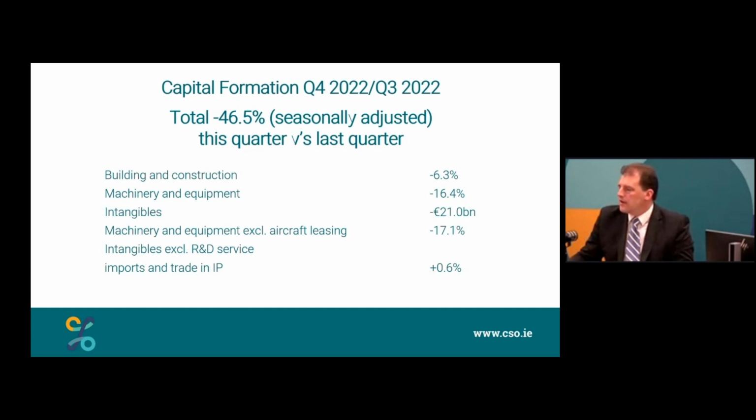Turning to investment, if I could pick items out of this for you, what's interesting in the investment data is this item here, machinery and equipment excluding aircraft leasing, down 17.1% quarter on quarter. That's the thing I've been telling you about, the back to office equipment and data centers.